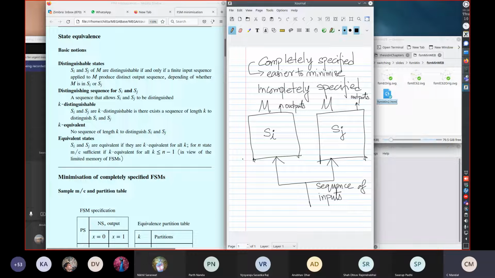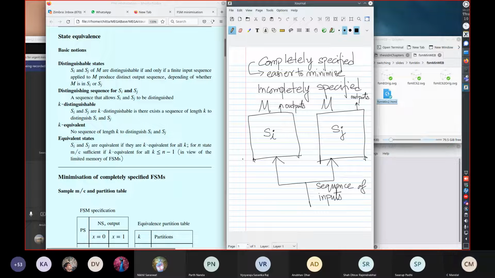By that token, they are k-equivalent if there is no sequence of length k to distinguish between Si and Sj. And of course, two states are equivalent if they're k-equivalent for all k.